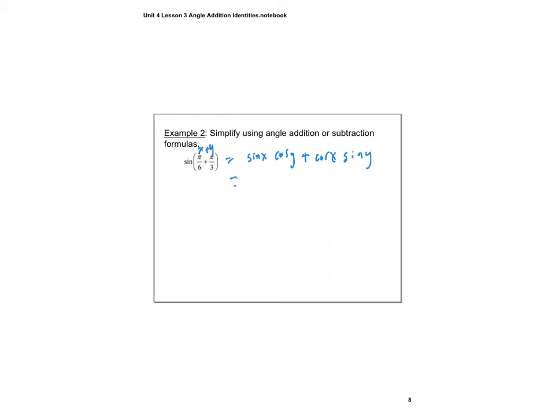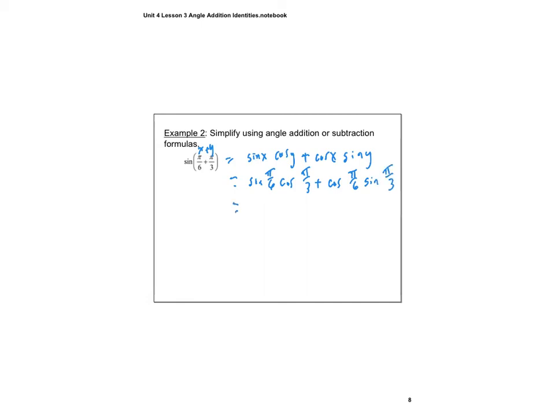The sine of x, so x in this case is pi over 6, so we're going to do the sine of pi over 6. The cosine of y there, that's pi over 3. The cosine of x there is pi over 6. And y there is pi over 3.